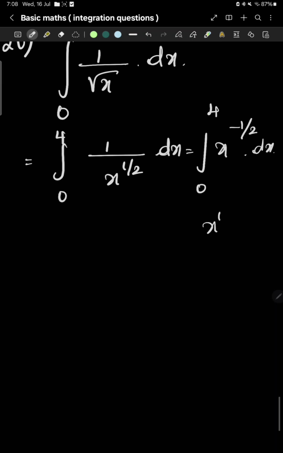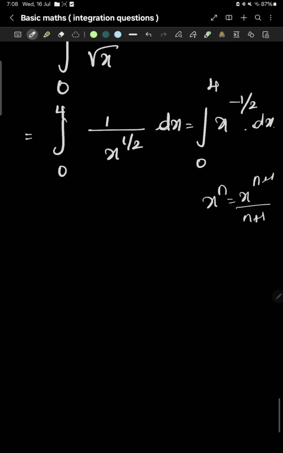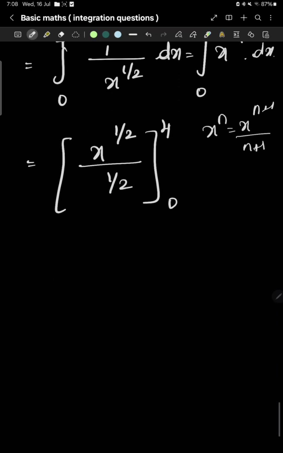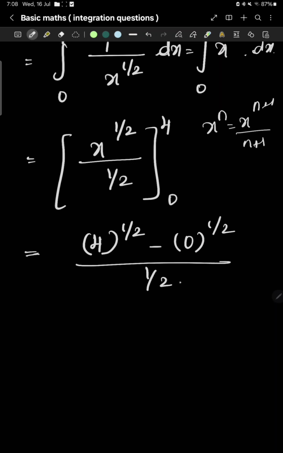The same formula, x power n formula, which is x power n plus 1 divided by n plus 1. So minus 1 by 2 plus 1 will be half, divided by half, from 0 to 4. When I substitute, the upper limit is 4 power 1 by 2 minus 0 power 1 by 2, the whole divided by 1 by 2.